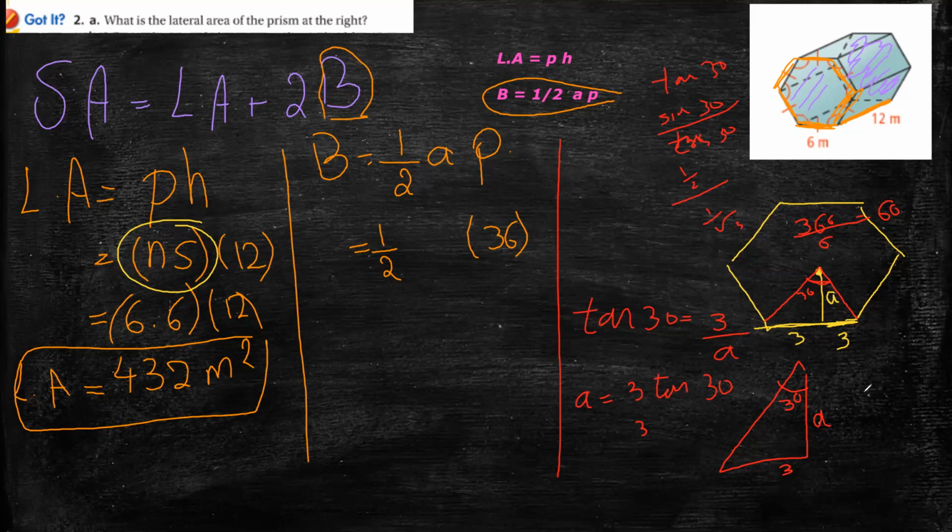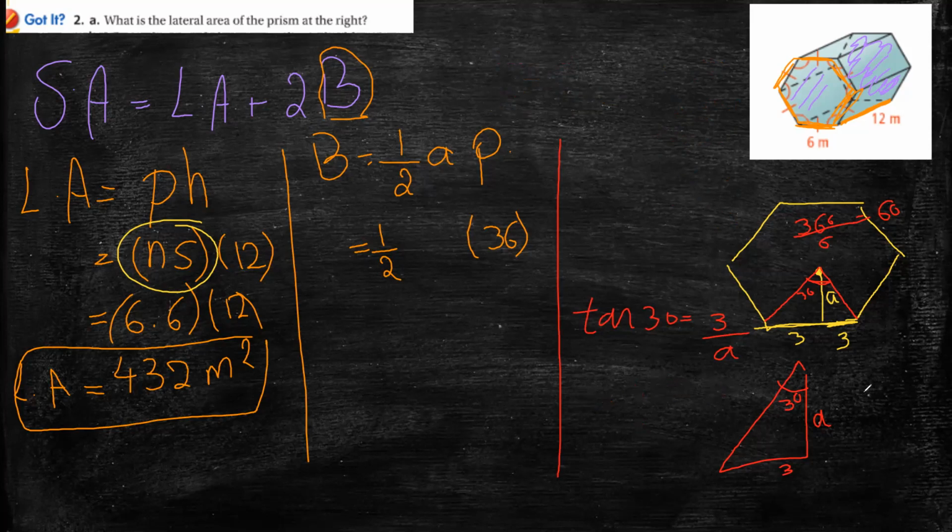So A here will be 3 over tan 30. Is it square root of 3 or 1 over square root of 3, Susan? I remember it's 1 over square root of 3.